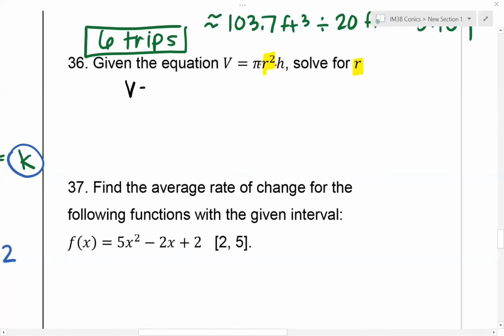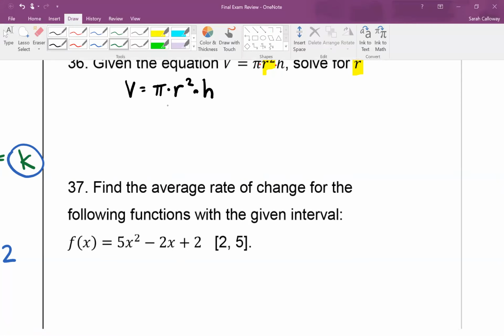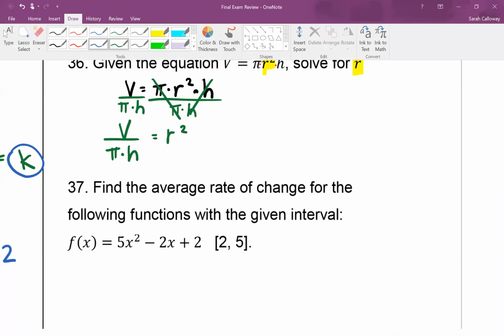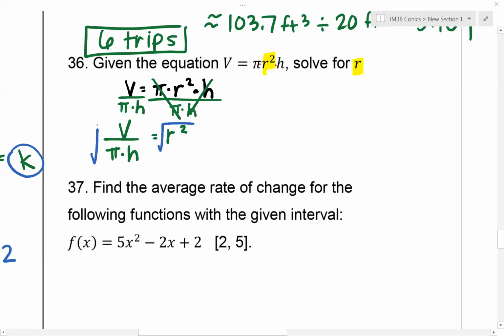So I've got volume equals pi times R squared times H. So if I want to get rid of pi and the H to the other side, I'm going to divide by pi times H. So that means that now I have R squared equals the volume over pi times H. And so then to get rid of the square, I would take the square root of both sides. So that means that the radius is equal to the square root of V over pi H.